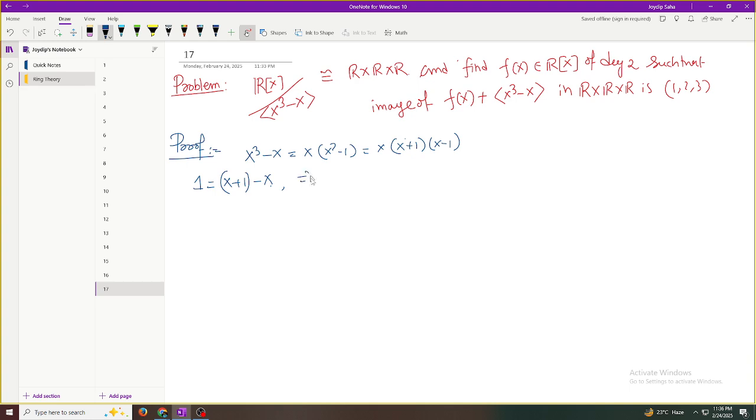So this implies 1 belongs to the ideal generated by x plus the ideal generated by x plus 1.